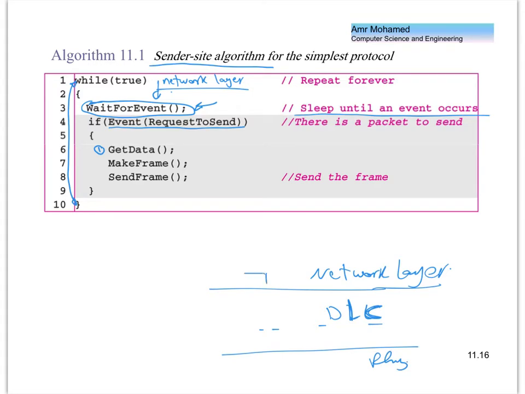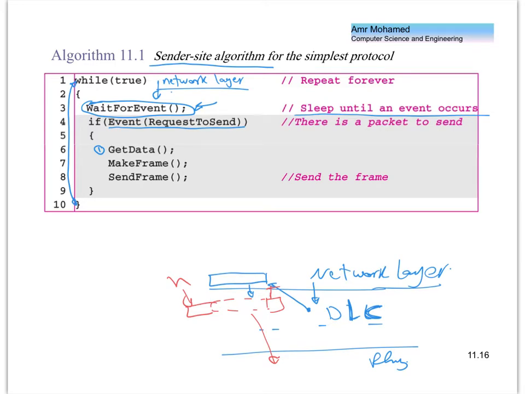What happens is that the network layer will generate the event and ask the data link layer to go and get the packet, form the frame by adding the header and the trailer, and then send it across the physical layer to the medium and then to the receiver.